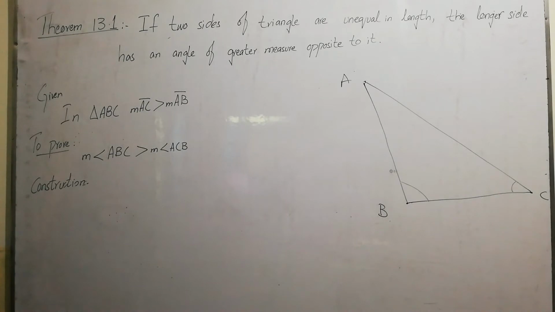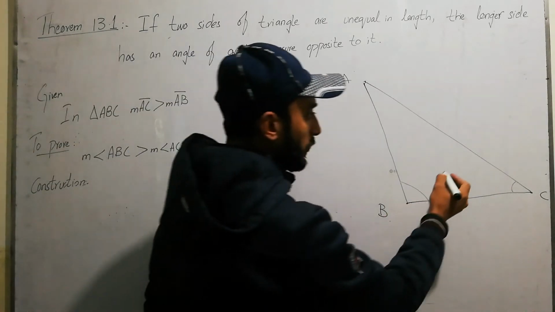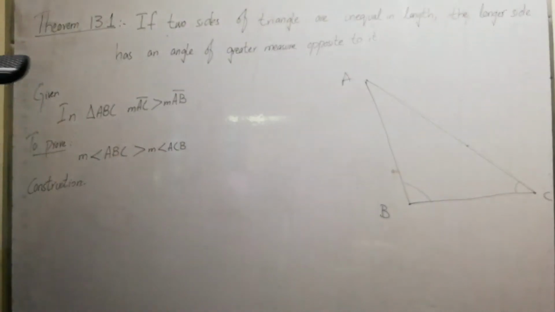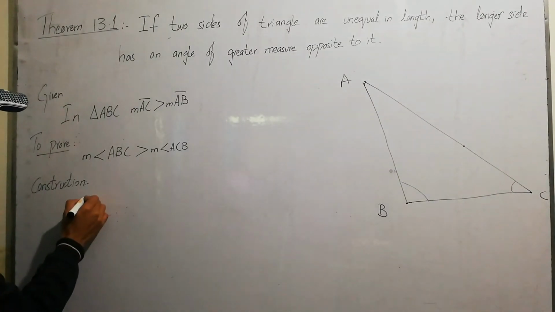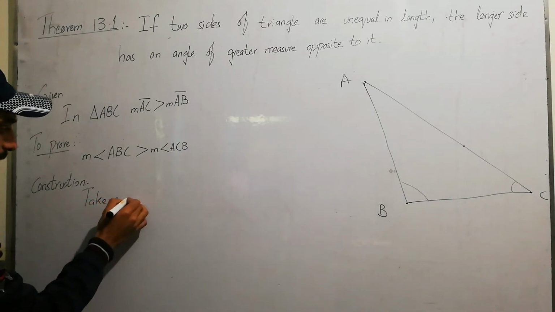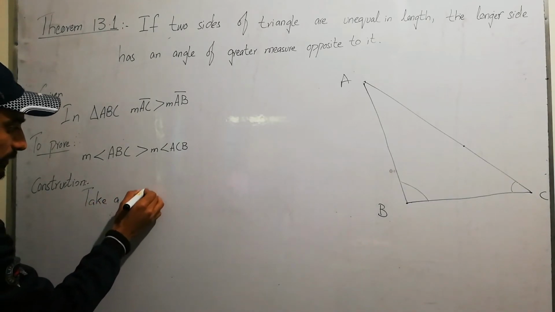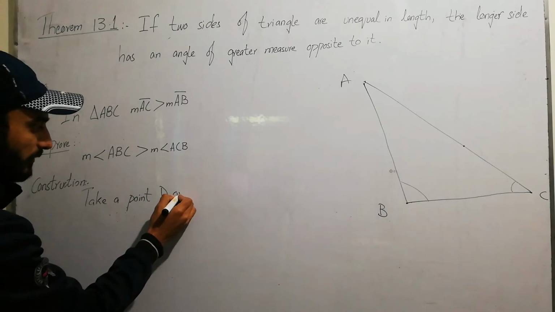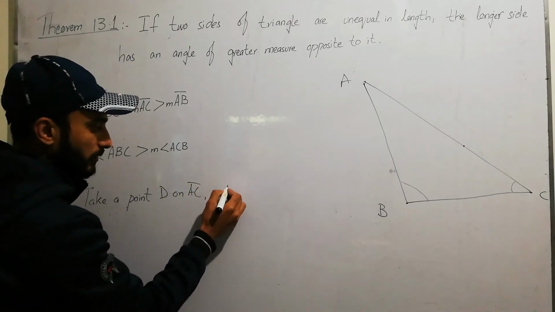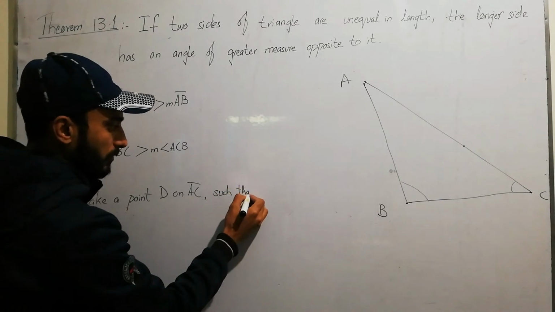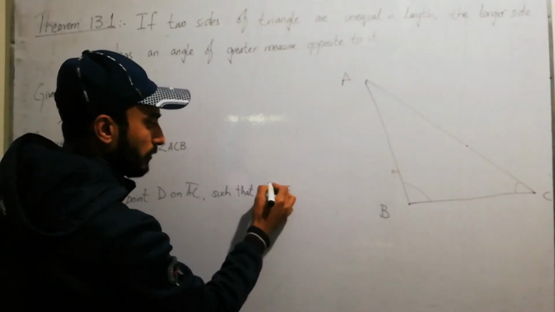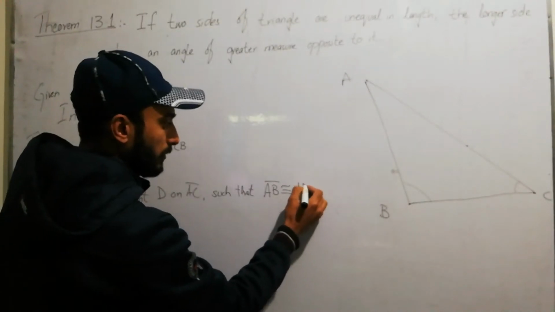Now in construction, what do we have to do? In construction, we have to take a point D on AC, such that AB is congruent to AD.